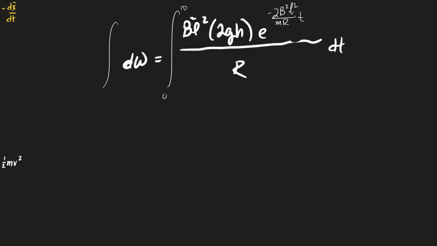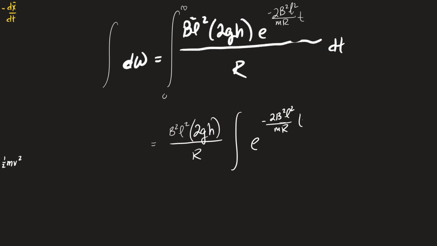Everything about this is a constant. So we'll get B squared L squared times 2GH over R. That pops out of my integral. Then I just have the integral of e to the minus 2 B squared L squared over MR dt, again, evaluated from 0 to infinity.